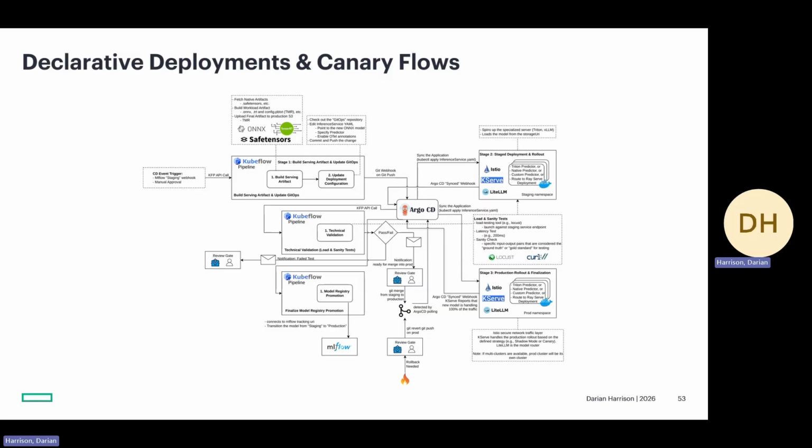Once all that is in place, the next step is maybe a continuous deployment event trigger that says our model is ready for the deployment phase. So you might have a stage 1, which is a build and serve, building a serving artifact.